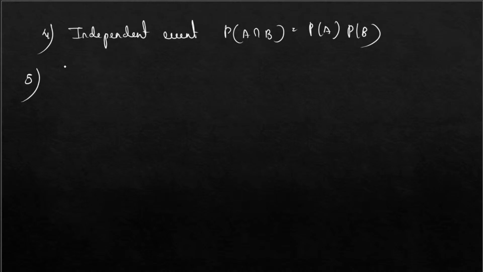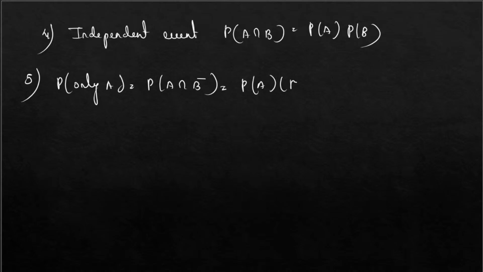Now fifth is probability of only A, which is probability of A intersection B complement, which is probability of A into probability of B, and this we can write when we consider them as independent events.